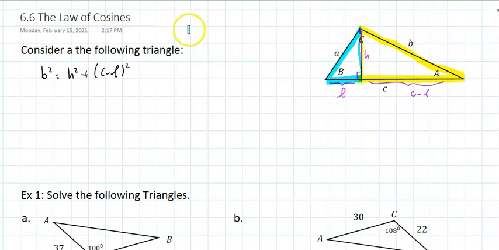From that triangle, I know that the sine of angle B is the opposite over the hypotenuse. So H is actually A, the sine of B.